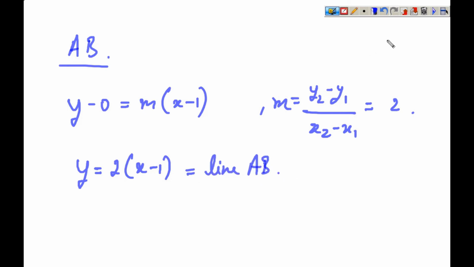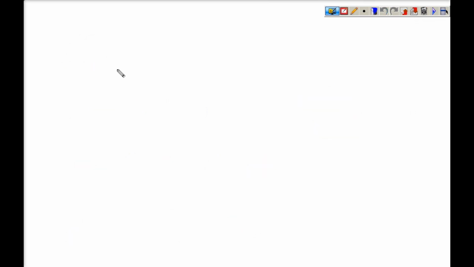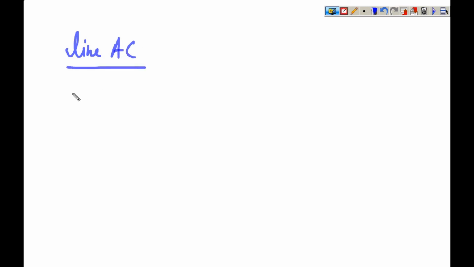Similarly we can find the equation of line BC. The equation of line BC is y equals 4 minus x. This is line BC. And for the line AC, we will get the equation as y equals 1 by 2 x minus 1.